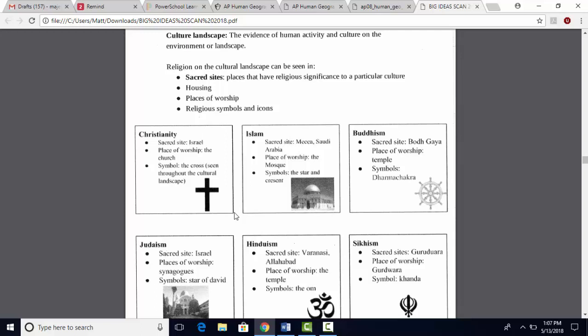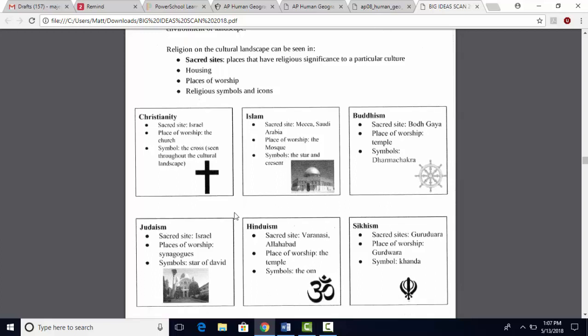So again, Christianity, sacred site is Israel, place of worship is the church, the symbol is the cross. Remember, the church is kind of an area for communal gathering where everybody gets together to communally gather and worship together. And yes, most of the holiest sites in Christianity, again, are located in Israel, in Jerusalem, since that's where the faith developed.